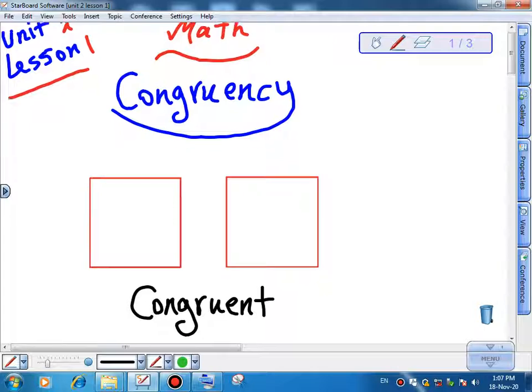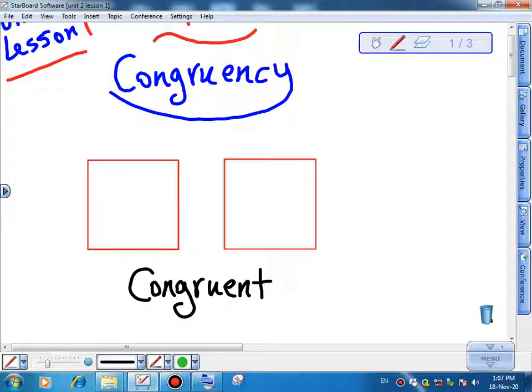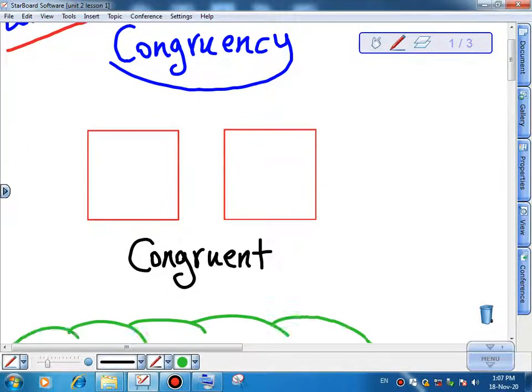So if I get any two figures that are equal like this, equal in length of sides, and angles equal in measure, we say that these shapes or these polygons are congruent, are the same, like you see this in a mirror, the same in everything: sides, angles, vertices. So we say that these polygons are congruent, are the same.